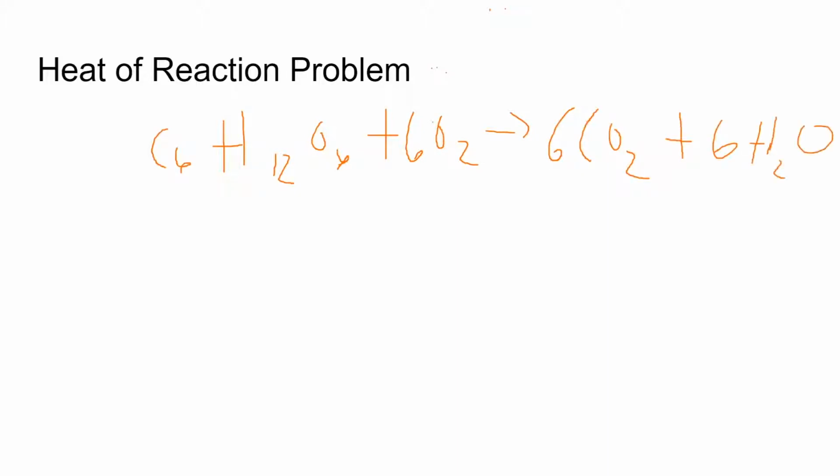I'm assuming this is it. That's 12, 18, 12, 18. This is 6, this is 12. Yeah, this is it. All right, so you would have to use your products minus reactants equation. So the enthalpy, delta H of reaction.